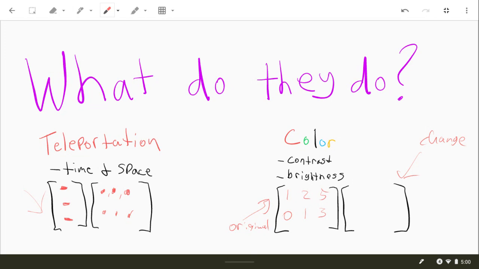So let's say you were trying to turn up the brightness. I'm not really into graphic design or anything, but it might be 1, 1, 1, 1. And this might scale up the brightness or the contrast by a factor of, I don't know, 10%. I'm just making up numbers here. But you can take this original matrix, which represents some color, and do something to it with this second matrix.